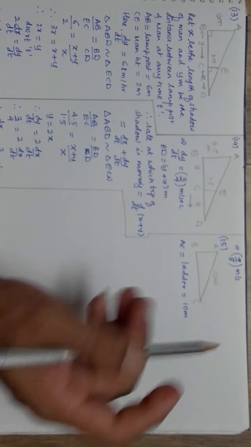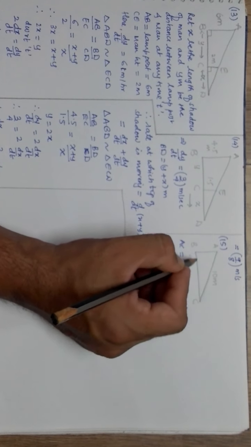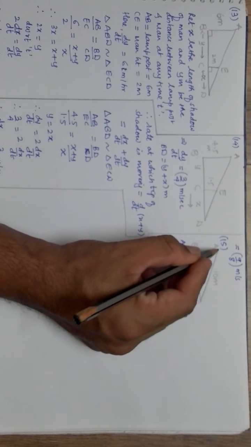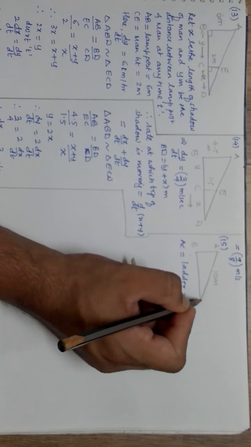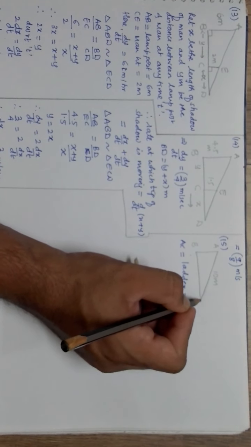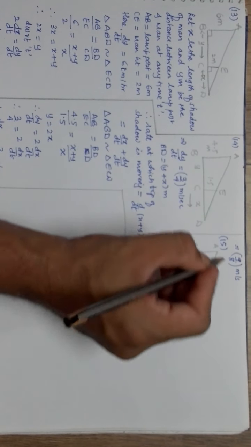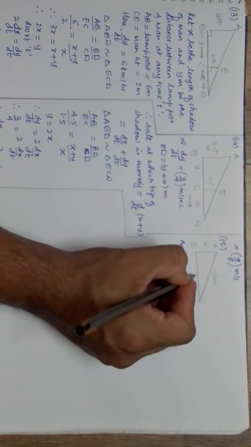That means I must know what is your height of the ladder from the base at time t, and what is the distance of the base from the wall at time t. So let this be your x and let this be your y.